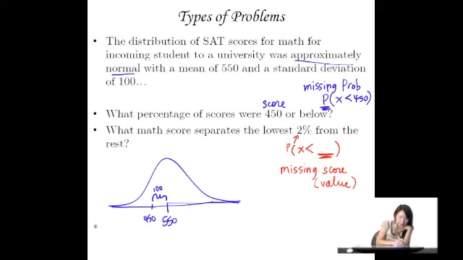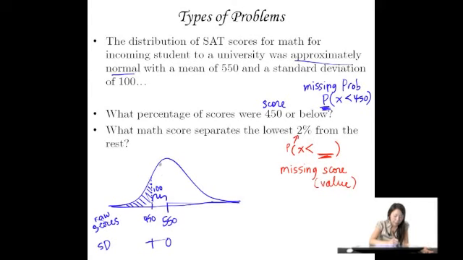And we know that even though these are the scores, or what we call raw scores, in terms of standard deviations, this means that it's one standard deviation away on the negative side. And so we could just draw a little border here and sketch the part that we need to find, right? And that's the area we need to find.